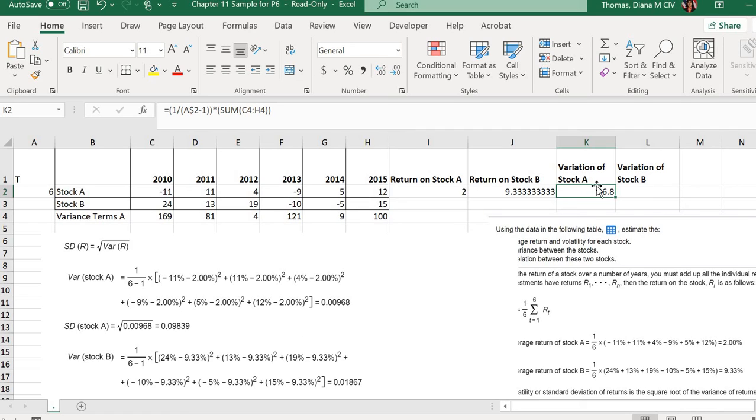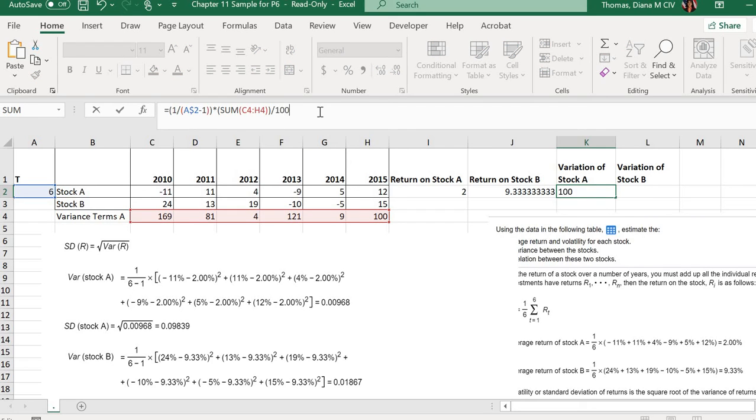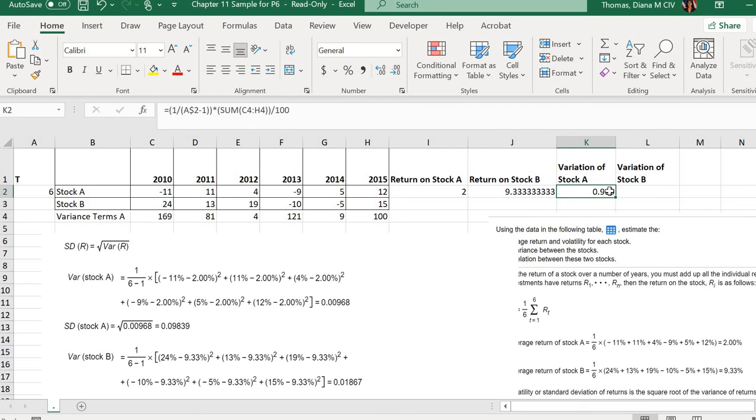Yeah, so if I divide this by 100, I'm going to get the variation. Let's see. Actually, I don't.